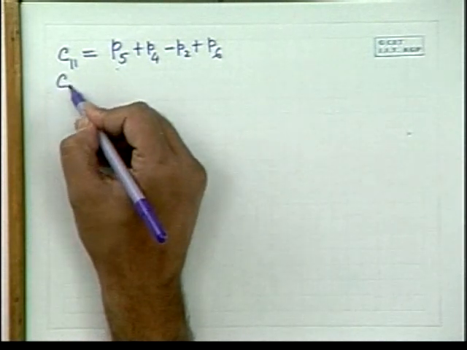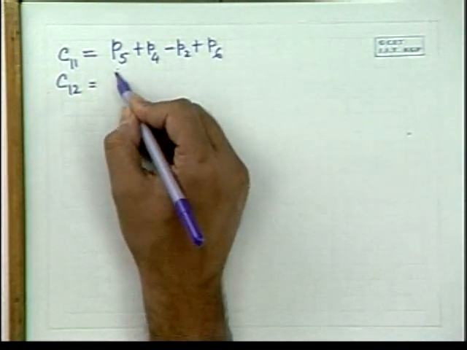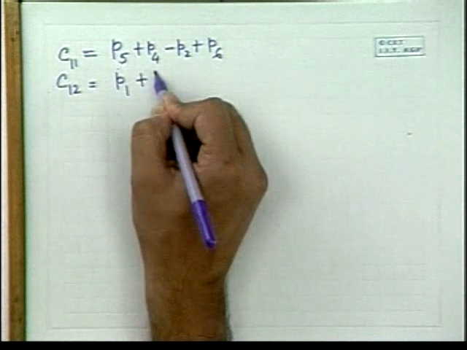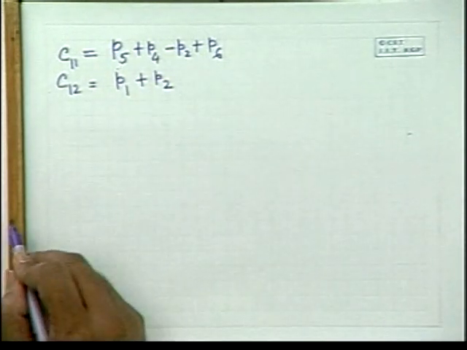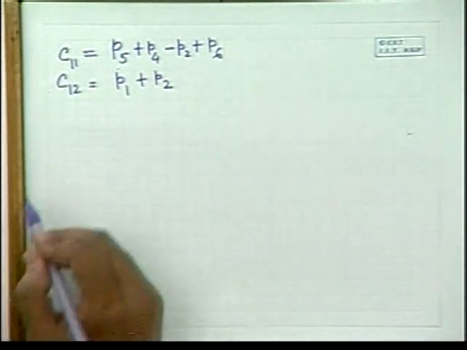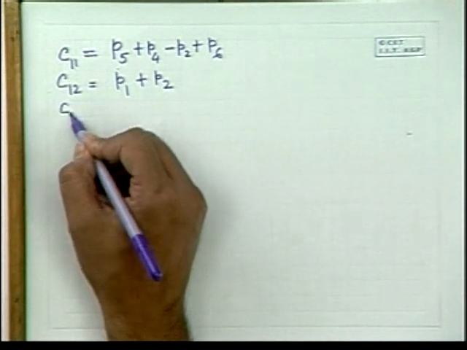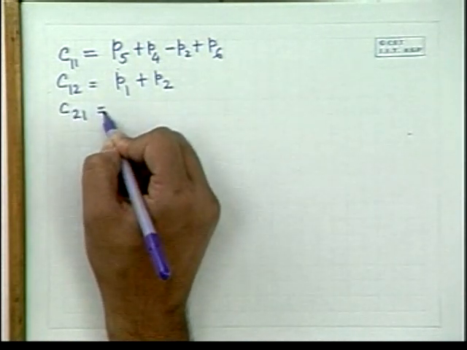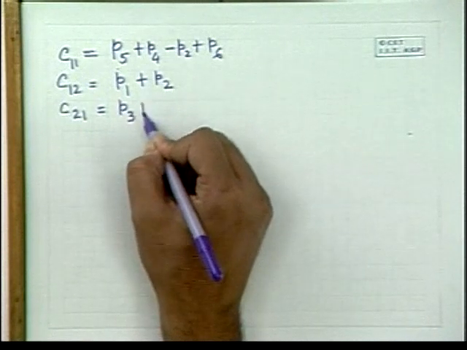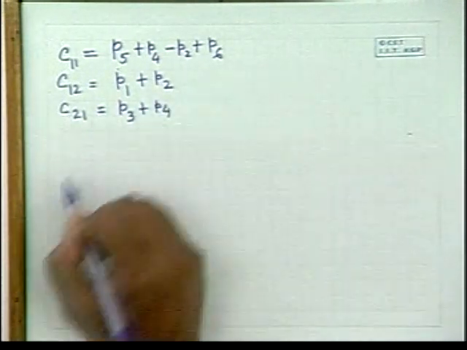You will get C12 if you do P1 plus P2. You will get C21 if you add P3 and P4.